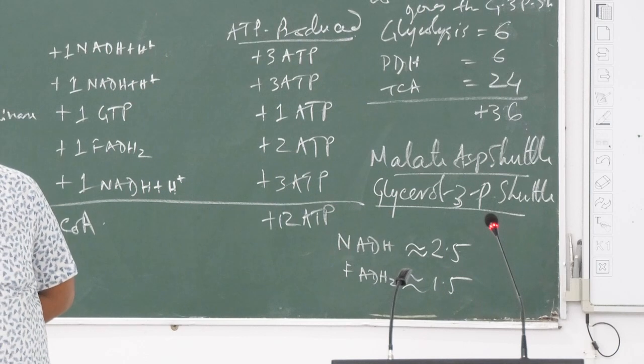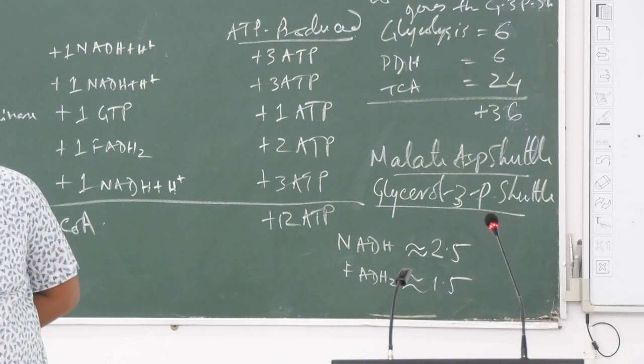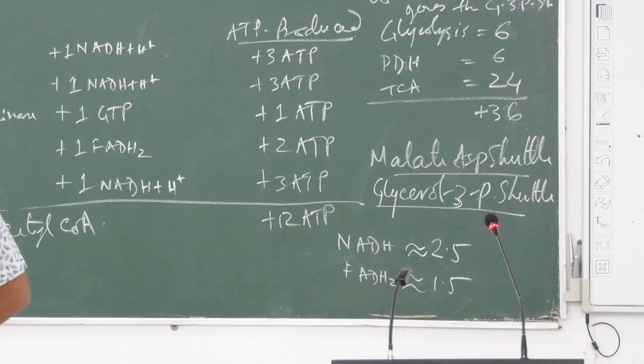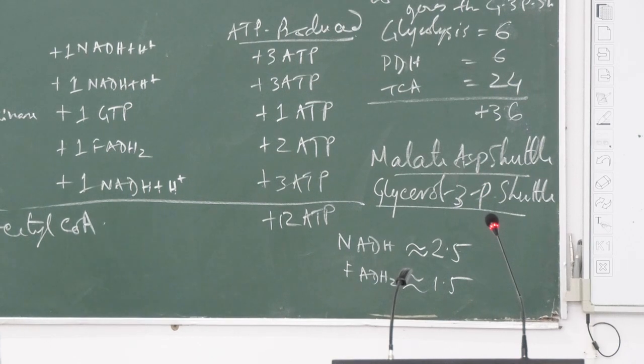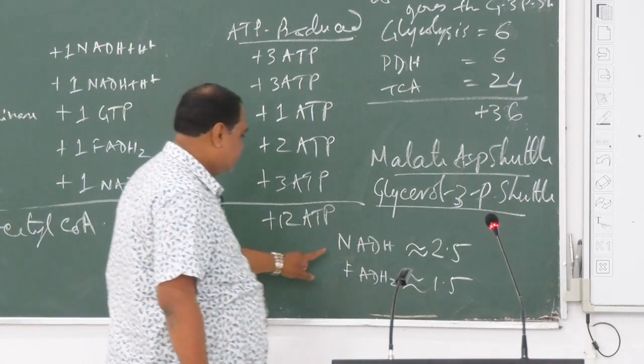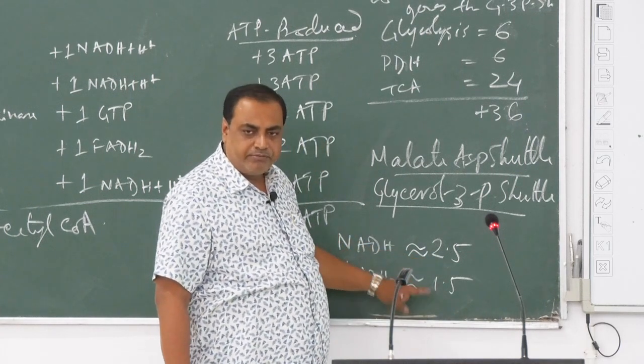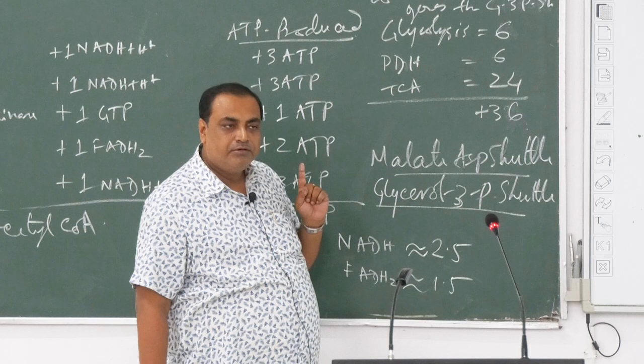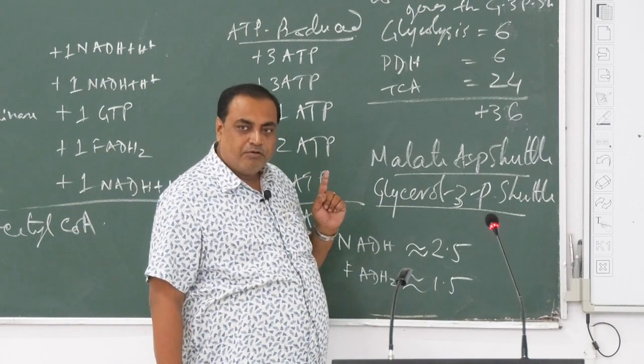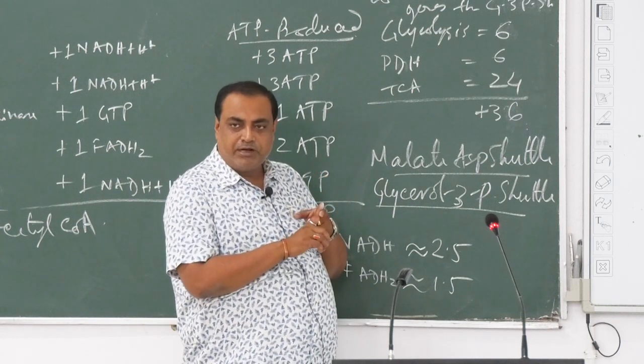So, with this the calculation again changes. Right? So, what will be the calculation now? If it counts for 2.5 and 1.5, first what will we do? Both considerations we cannot take in one equation.